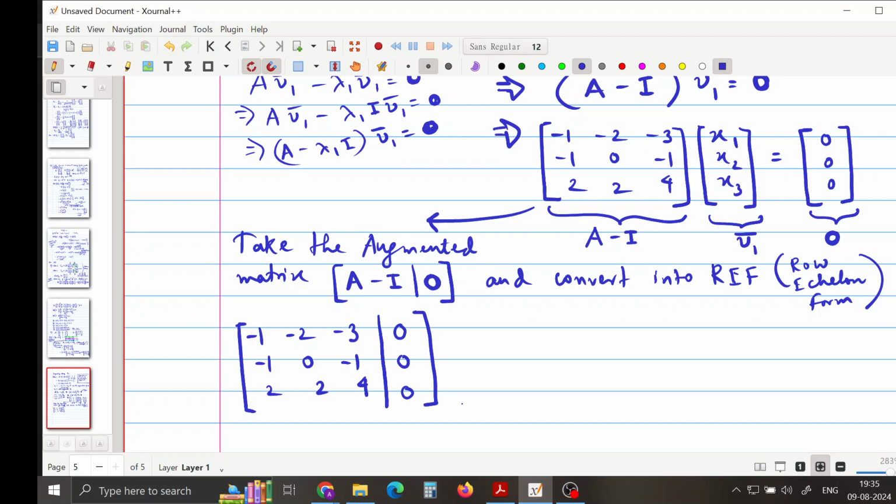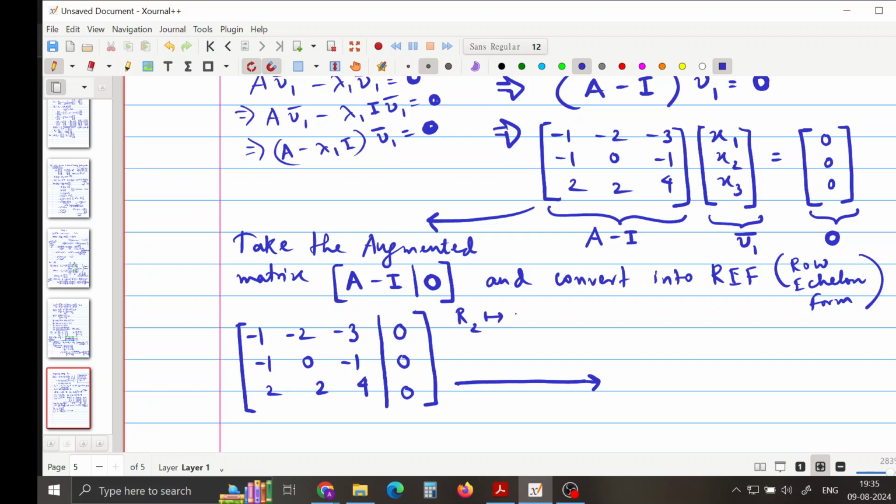Now you take this matrix and convert it into the row echelon form, and there are certain allowed row operations that you can perform, such as swapping or interchanging two rows, multiplying a row by a non-zero scalar, adding a scalar multiple of one row to another row. Using those row operations, I'm just mentioning the sequence that I performed.